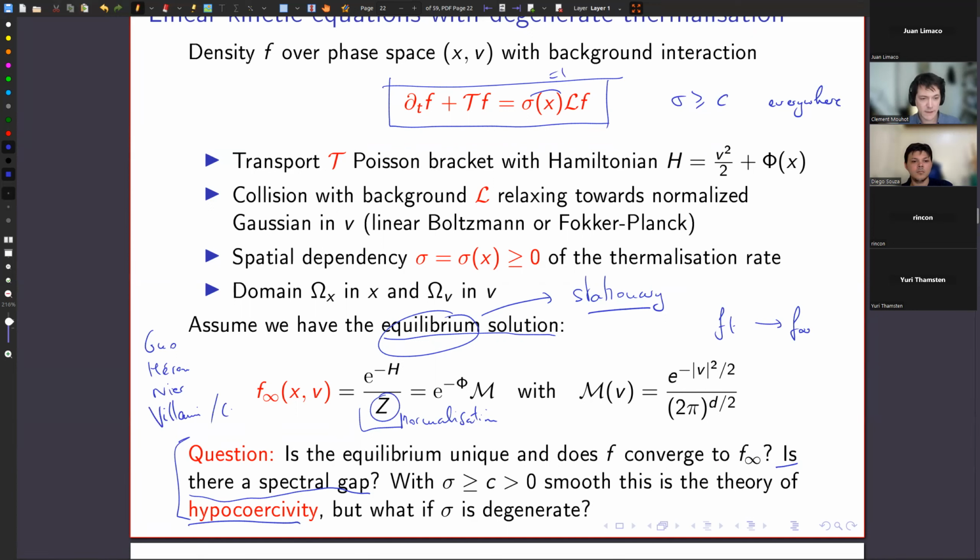Villani, and at the same time myself, and Dolbeault, Mouhot, Schmeiser. It's slightly different, but it's conceptually related. And many others. But here the question we will be interested in is the case where this sigma is 0 in part of the domain. That's what I mean by degenerate.